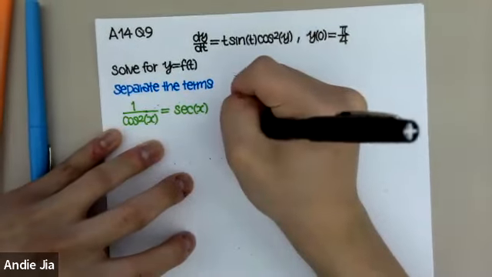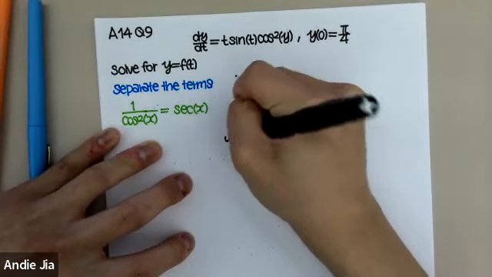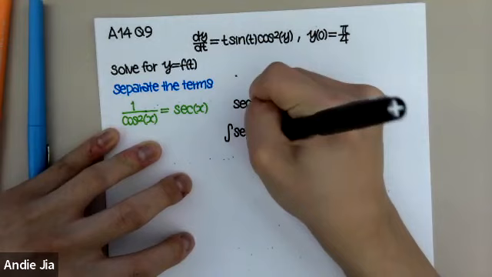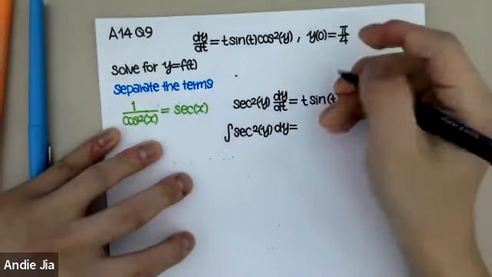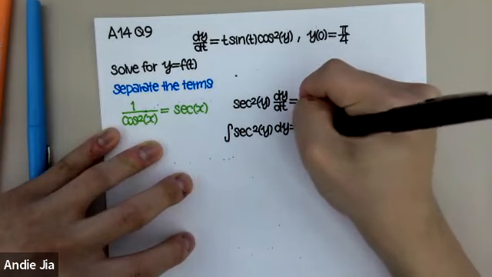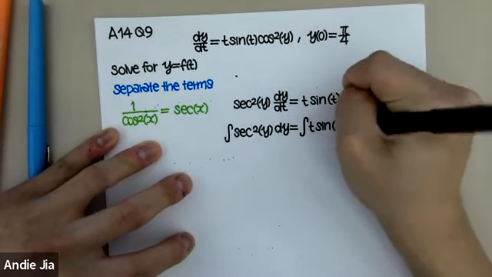Then we just have this integral: the integral of secant squared of y dy equals the integral of t sine t dt.